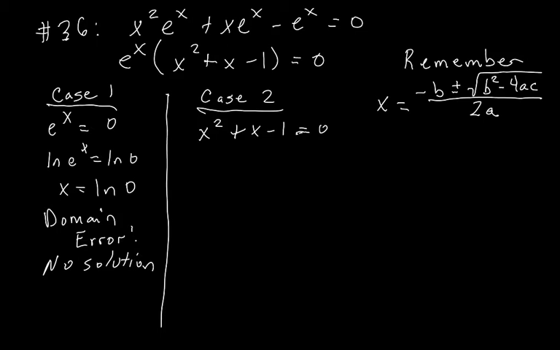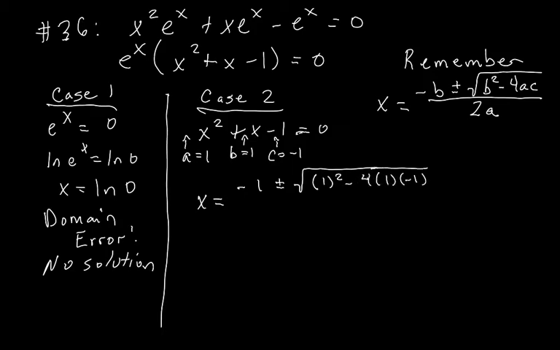Okay, so using this, we see that a is 1, b is also 1, because that's the coefficient for that one, and c is negative 1. So using that, we can say x equals negative 1 plus or minus the square root of 1 squared minus 4 times 1 times negative 1, all over 2 times 1.